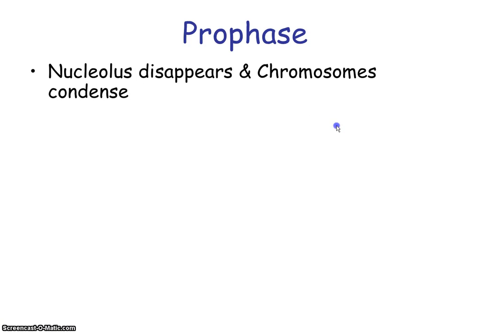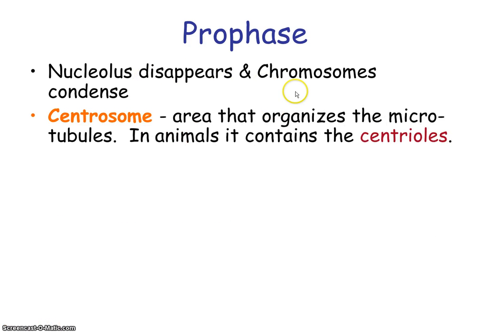So prophase, you have your nucleolus, it disappears. The chromosomes condense, that means they coil up so you can actually see them. They now look like those X shapes. And you have this area called the centrosome, and that's where the microtubules are going to come from. In other words, if this is the cell, and here's our nucleus, it's going to start to disappear.